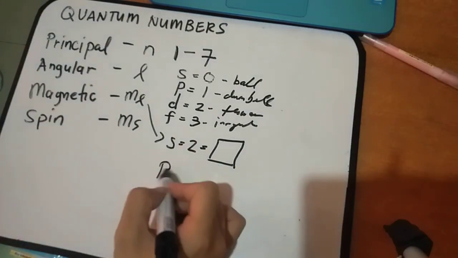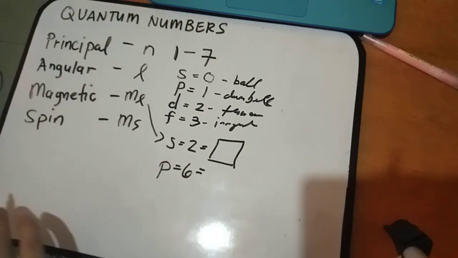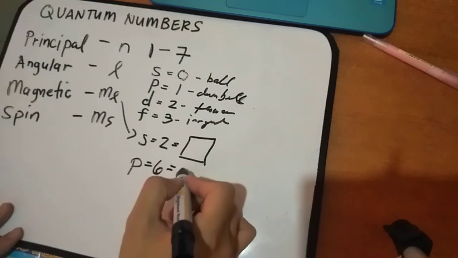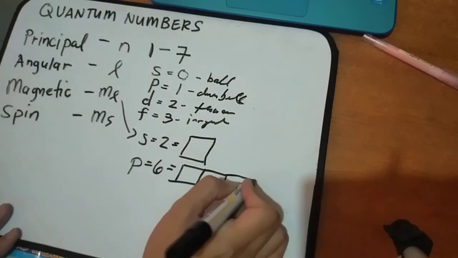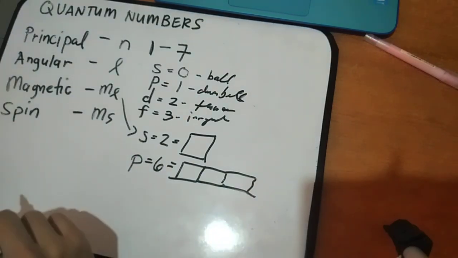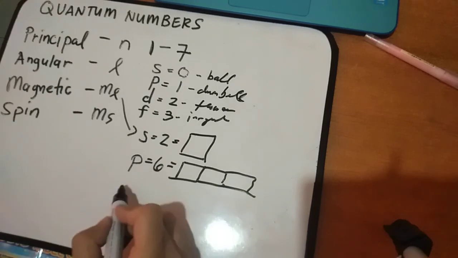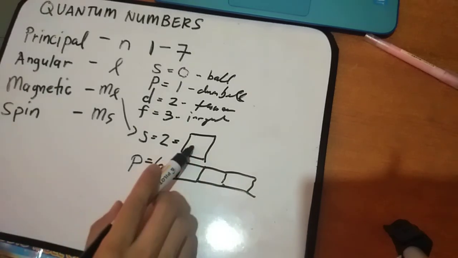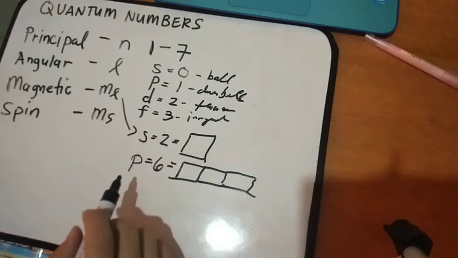Kapag P, maximum electrons is 6. So, it would be like this. Okay, tatlo yung box. Because each box could contain 2 electrons. Diba?